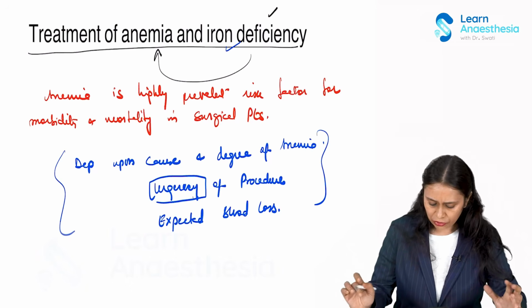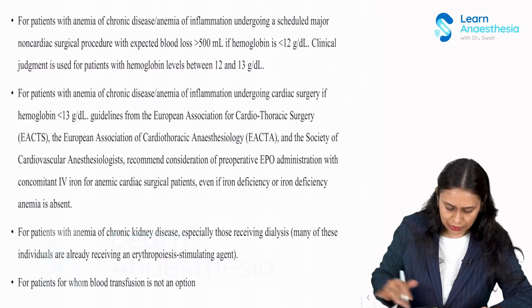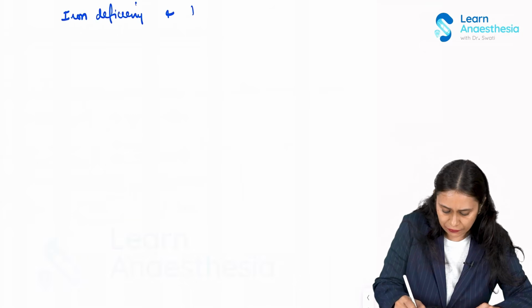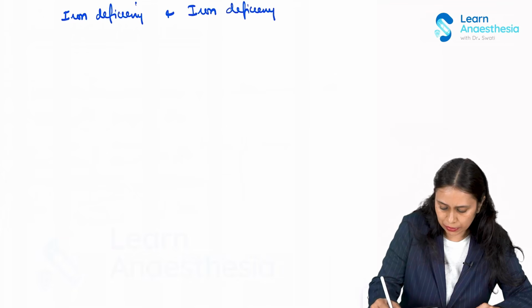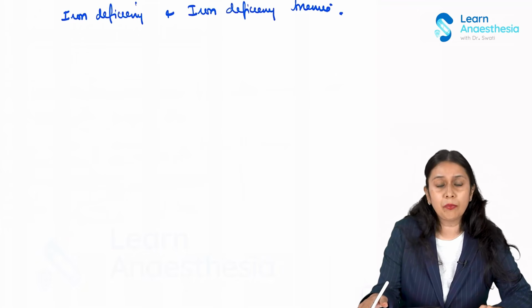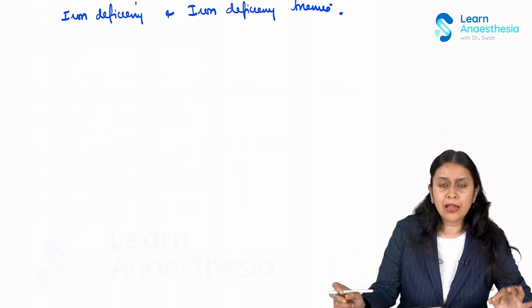So how do we treat iron deficiency or iron deficiency anemia? As I said, major surgery can be postponed if it is elective and the patient has anemia, and we should manage the anemia and then take the patient for surgery.